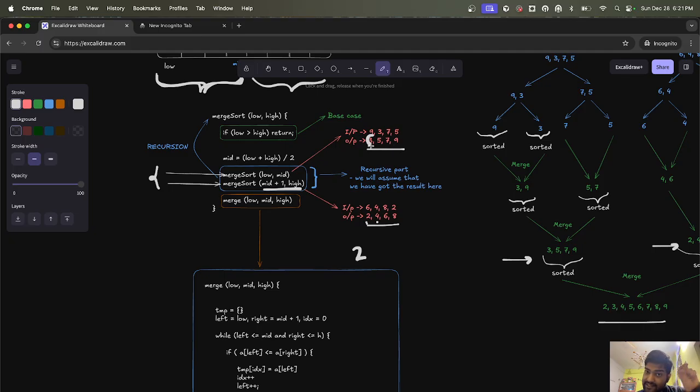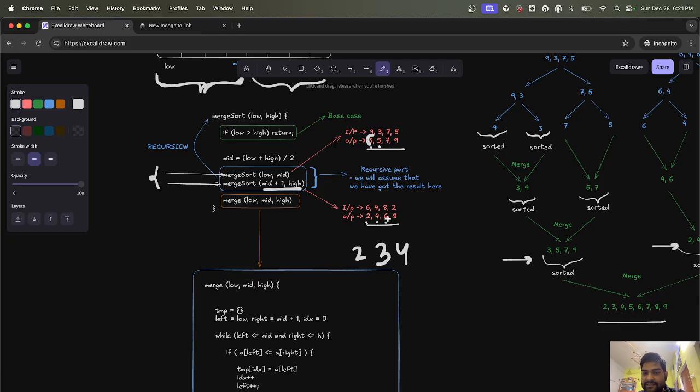This 3 is there itself. It hasn't moved, correct? So comparing this 3 and 4, which one is smaller? 3 is smaller, correct? So I will take 3 and I will simply put it. Now, since I have just taken this, I will move the pointer to 5, correct? Now, between 5 and 4, which one is smaller? It is 4, correct? So I will take 4 and I will simply move this.